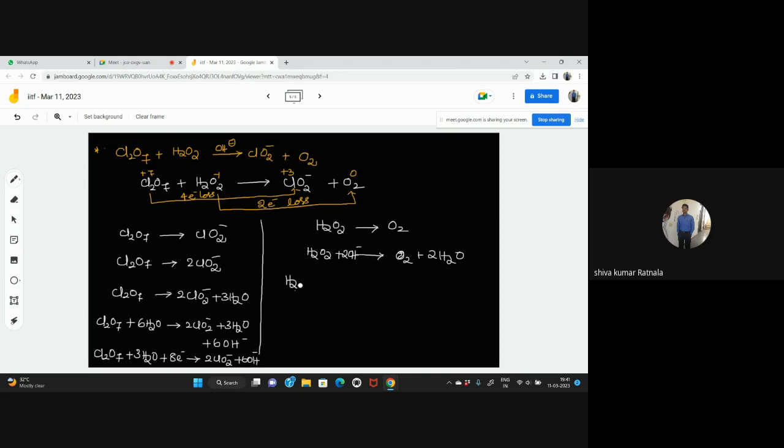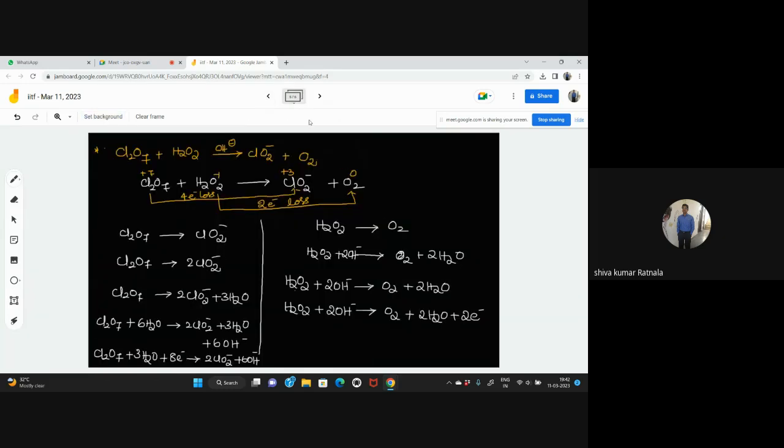That means H2O2 + 2OH⁻ gives rise to O2 + 2H2O. And for balancing, on the right side we need to add 2 electrons.